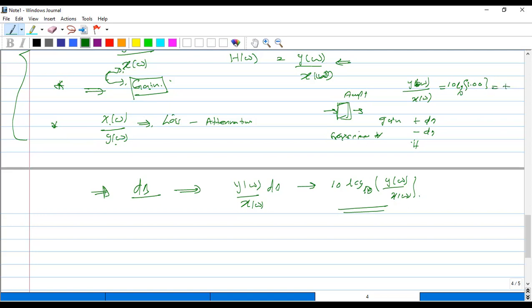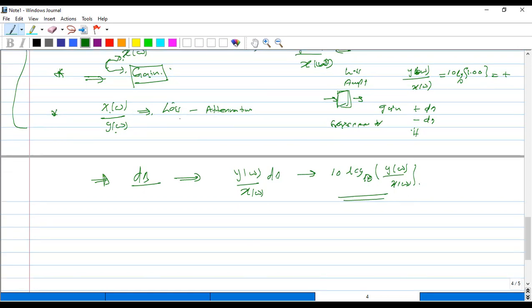And what about the loss of an amplifier? Is it plus or minus? Let's say someone says that the gain of the amplifier is 10 dB.